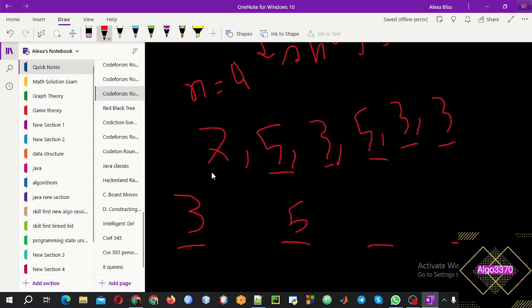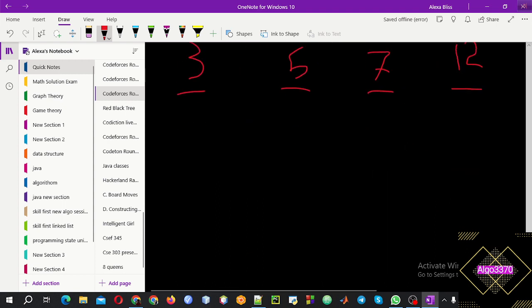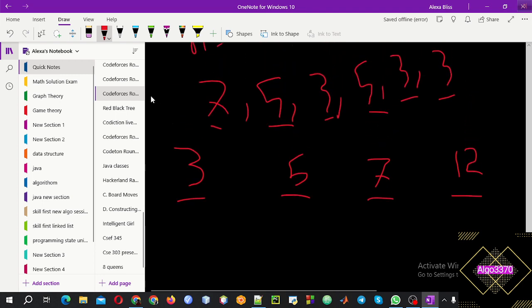And we have only one element 7, which is greater than the others, so we will put 7 here. And here we can pick any large element, such as 12. If we want to make this array produce our present array b, we can make it.